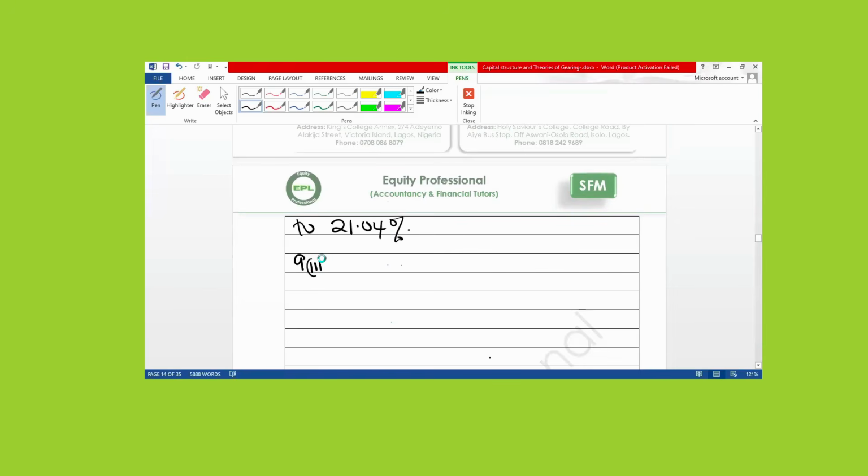A3. Cost of capital of Olowo. Let's take that again.